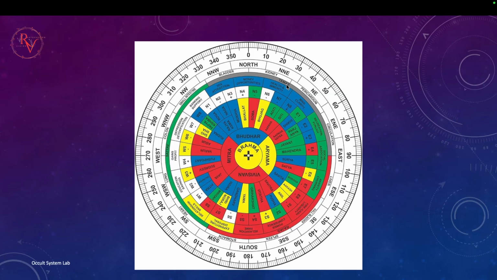Okay, this entire northern region is ruled by Bhudar. See, Brahma is sitting in the center. Okay, these are the energy fields. I talked about the 45 energy fields, right? 45 devatas. So these are the 45 devatas. You can see here. You can count. You will get 45.